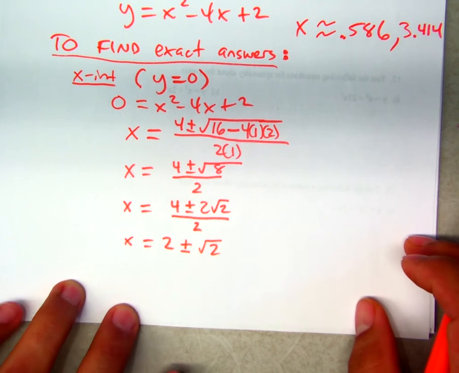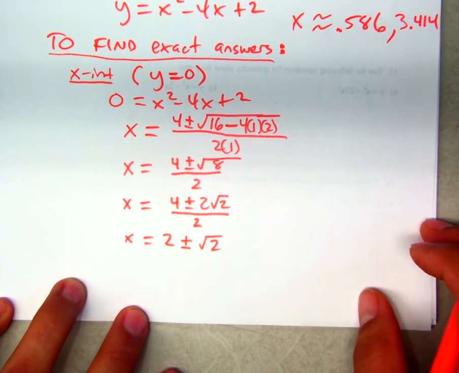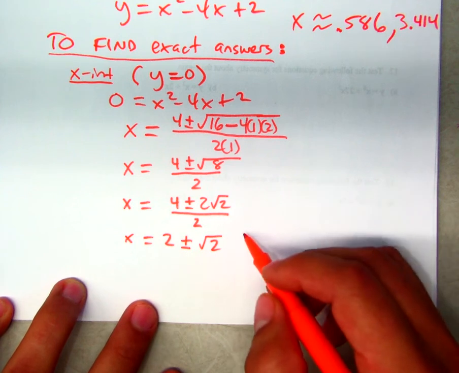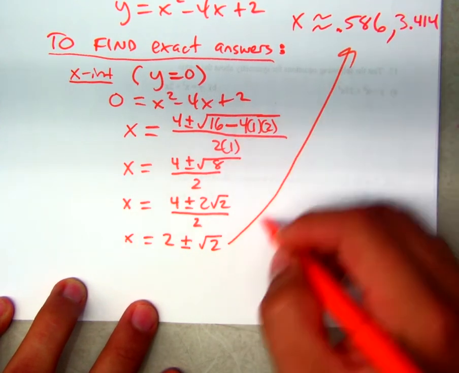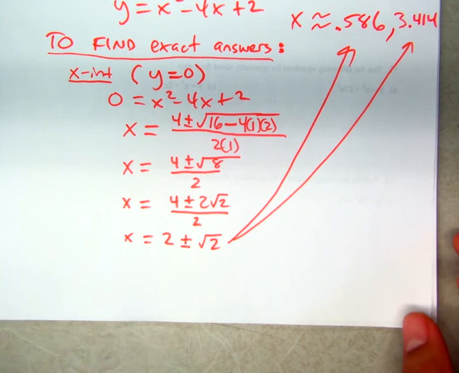Okay, and I'm willing to bet $1 million, if anybody wants to take me up on that, that these two are going to be approximately those decimal values. If anybody types them in and does not get those decimal values, I'll give you $1 million that I don't have. But maybe one day I will find you and say, oh, I owe you $1 million. Here you go.